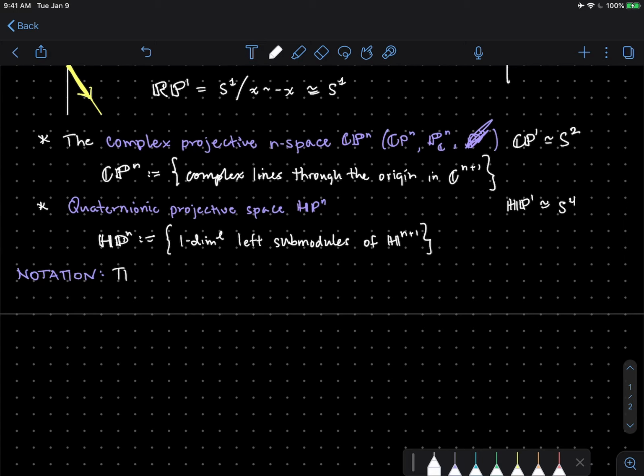So there's a standard notation for points in RPn.